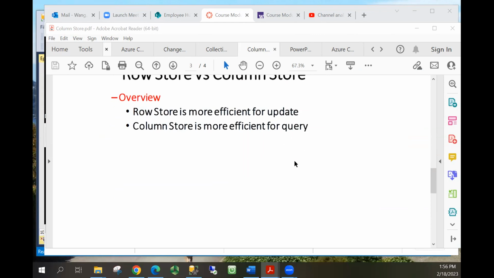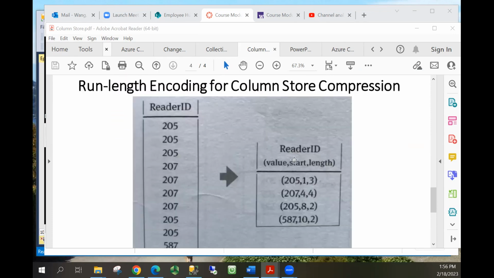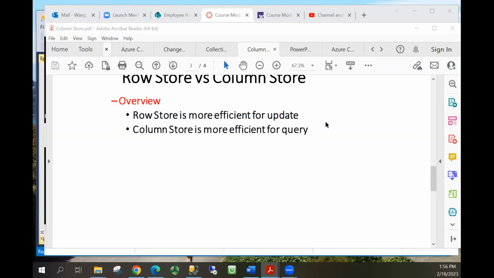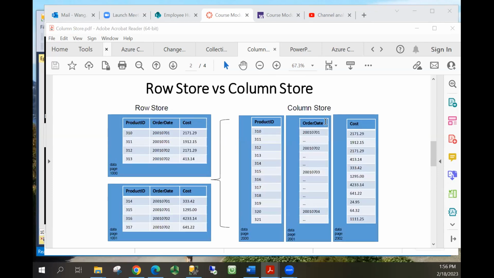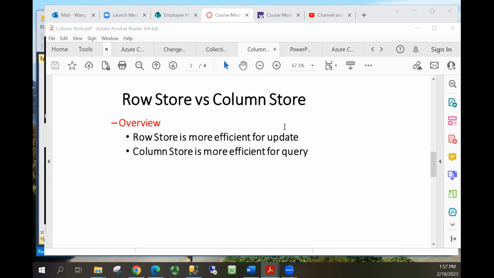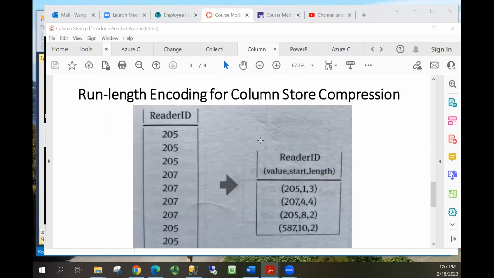And in your textbook, the advanced data management, the authors covered some compression algorithms for the column store. One example was run length encoding.